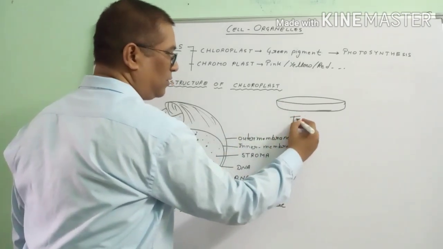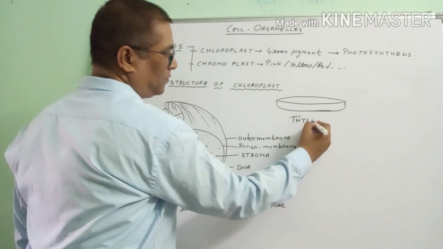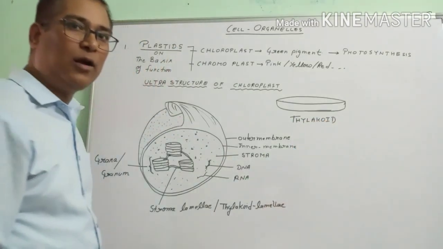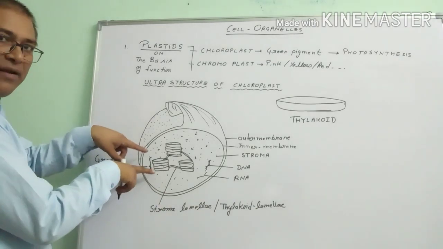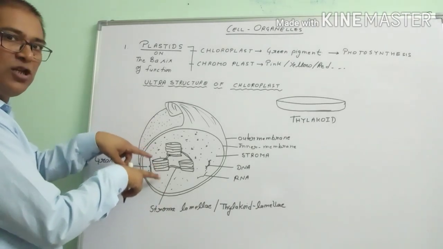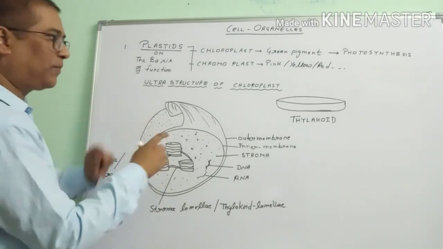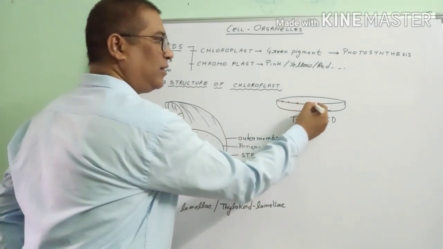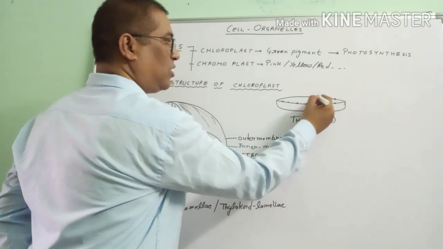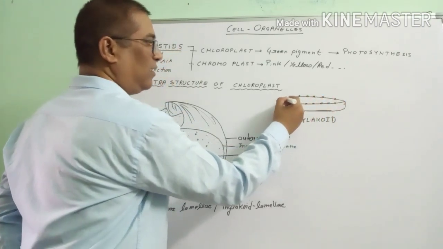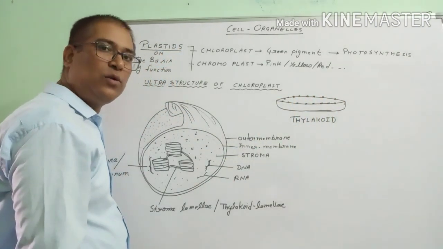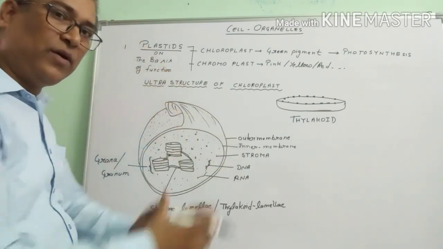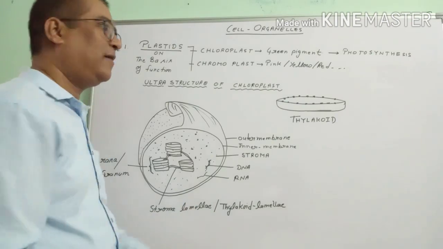This is called thylakoid. It means it is a bunch of thylakoids. Each edge of thylakoid also contains a special type of structure which receives the photons, the bunch of the sunlight.